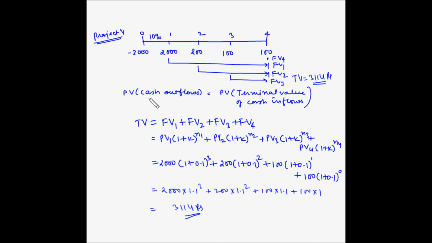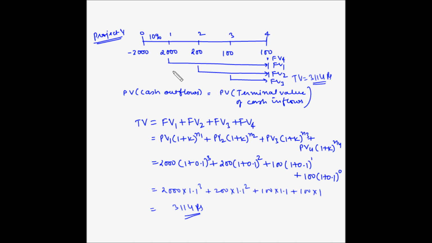Now we already have the present value of cash outflows, which is 2000 rupees. We have the terminal value of cash inflows. So now we have to find the rate at which the present value of cash outflows will be equal to the present value of the terminal value of cash inflows.